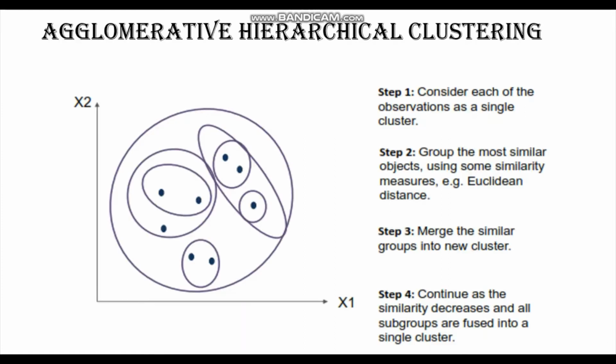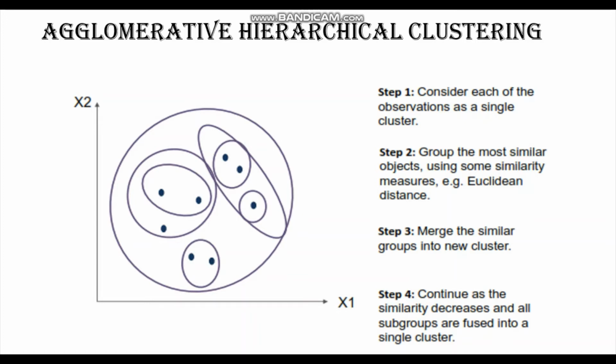As I said, hierarchical clustering has two types, and we are currently looking into hierarchical clustering: agglomerative and divisive. So what happens in agglomerative? Agglomerative starts from a single object and, based on similarity, keeps on forming clusters.